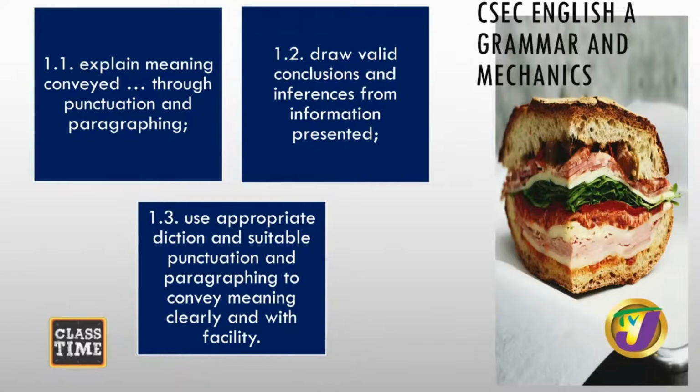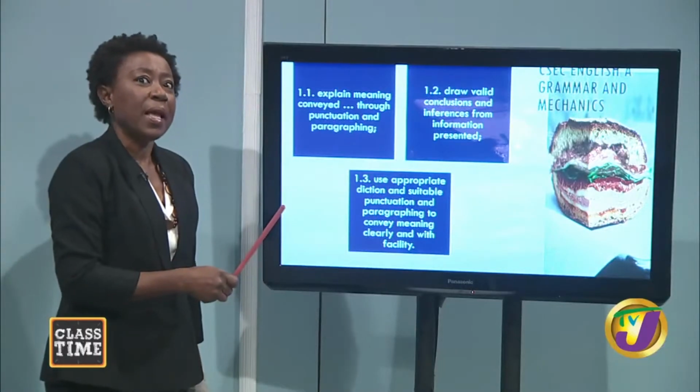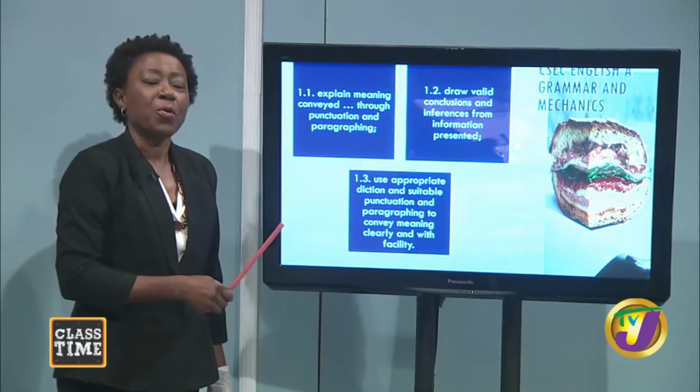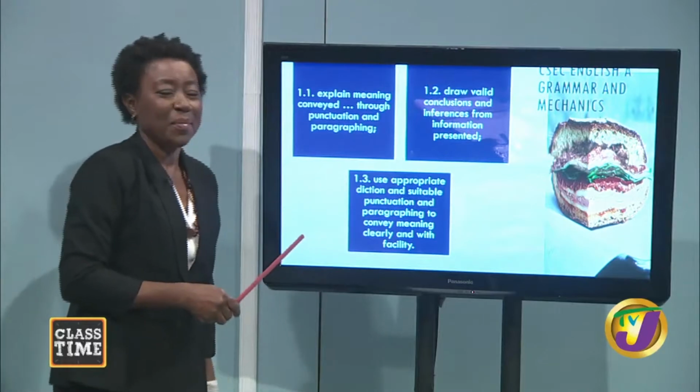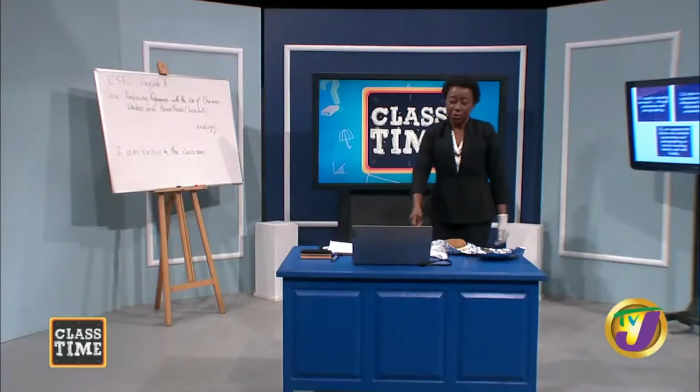And we will use appropriate diction and suitable punctuation and paragraphing to convey meaning clearly and with facility. That's what we want our students to do, and everyone really would like to write well. And we all should try to do that. Okay then. Moving forward in our lesson.